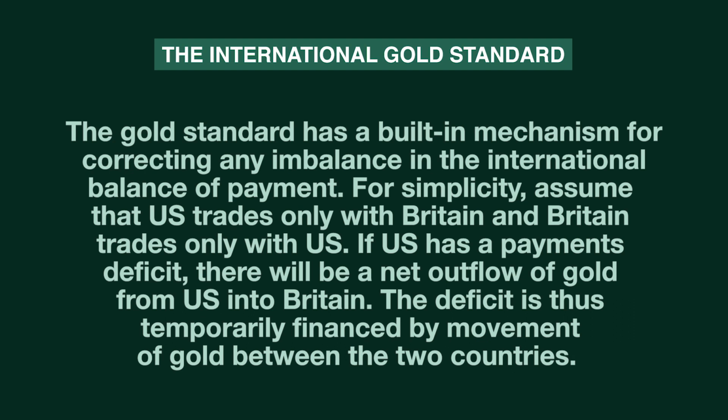For example, for simplicity, let us assume that the US trades only with Britain and Britain trades only with the US. Now, if the US has a balance of payments deficit, there will be a net outflow of gold from the US to Britain. The deficit is thus temporarily financed by movement of gold between the two countries.